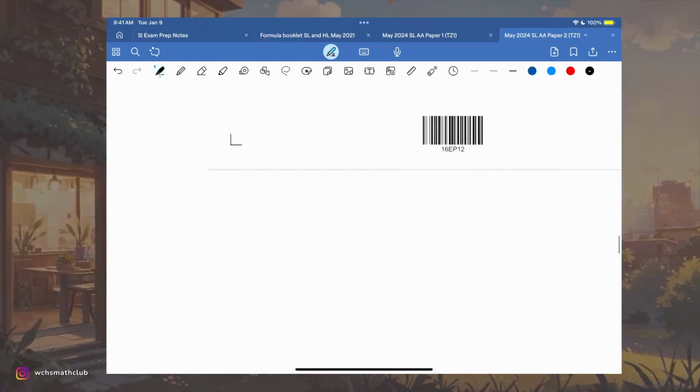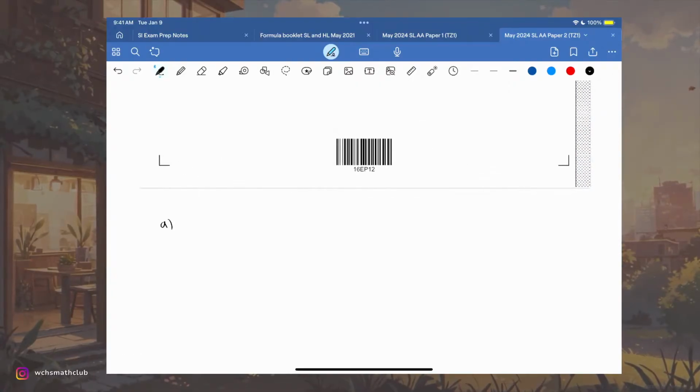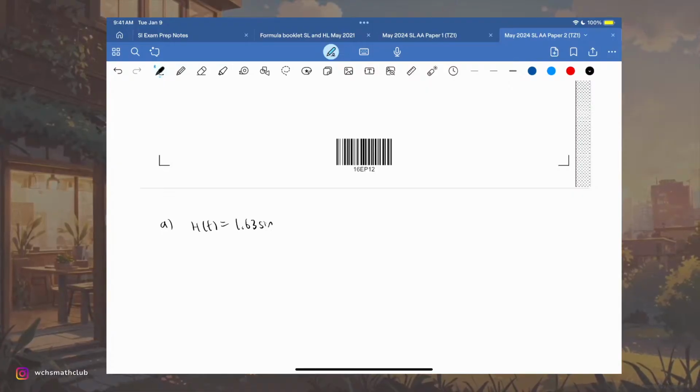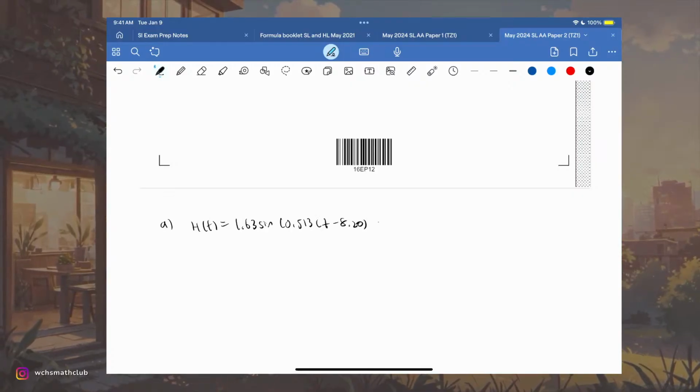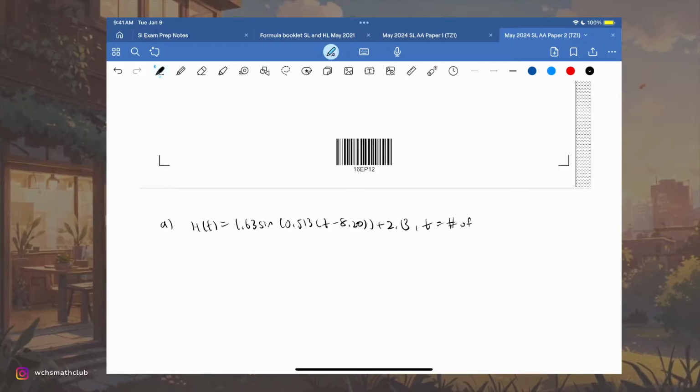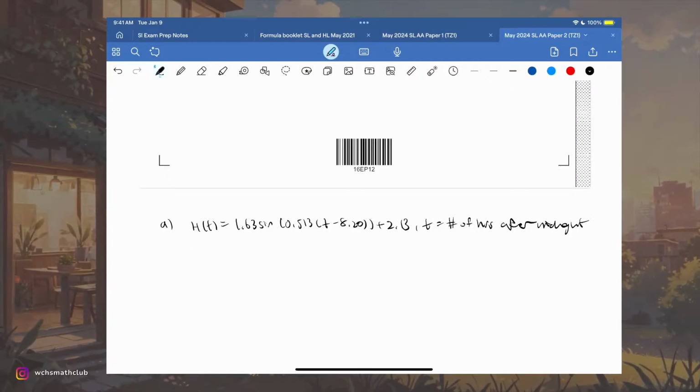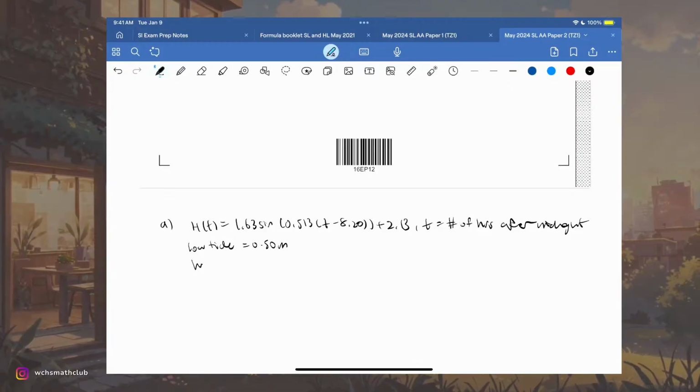Okay, so what do we know? First, writing down the information that we do know, h of t is equal to 1.63 sine of 0.513 t minus 8.20, plus 2.13, where t is the number of hours after midnight. We know that low tide is at 0.50 meters, and high tide is at 3.76 meters.